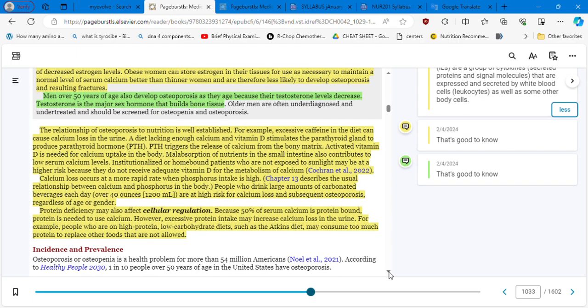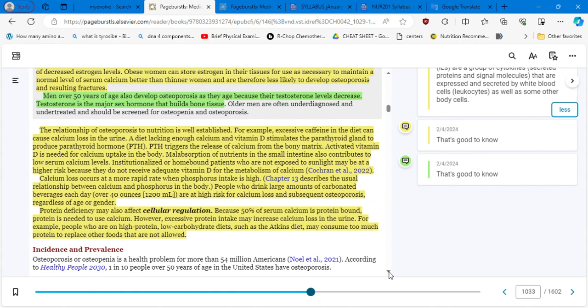The relationship of osteoporosis to nutrition is well established. Okay, for example, excessive caffeine in the diet can cause calcium loss in the urine. Let me repeat this again. I am very happy to repeat this because I've seen you guys with a lot of coffee around you. Excessive caffeine in the diet can cause calcium loss in the urine. A diet lacking enough calcium and vitamin D stimulates the parathyroid gland to produce parathyroid hormone.